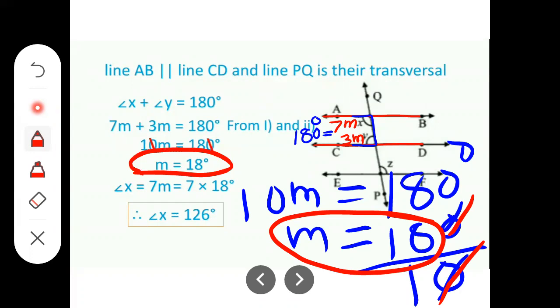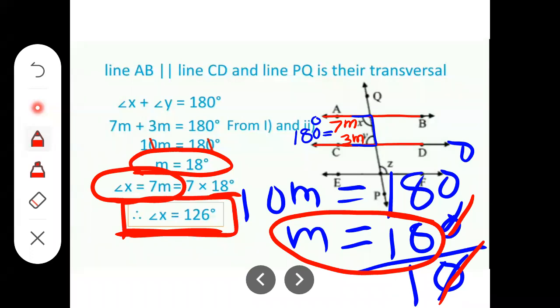Now we have to find the measurement of X only. For X, the equation is X equals 7m. Now put the value of m here: 7 into 18. And 7 into 18, the final answer, is 126 degrees. The angle X is 126 degrees.